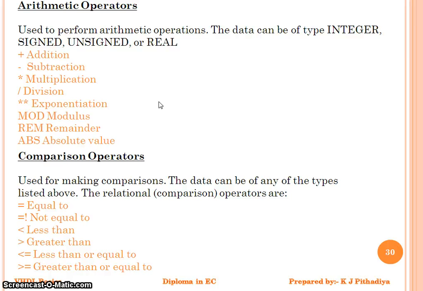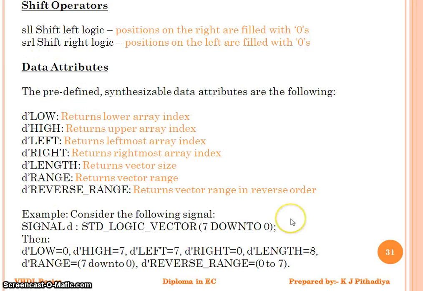Now arithmetic operators are addition, subtraction, multiplication, division, exponentiation, modulus, remainder and absolute value: ABS, MOD, REM. Comparison operators: equal to, not equal to, less than, greater than. Whenever you are using any type of decision making loop, then you have to go for comparison operators. Shift operators, so we can shift the bits by using SLL and SRL.